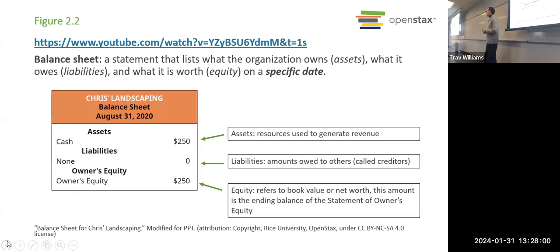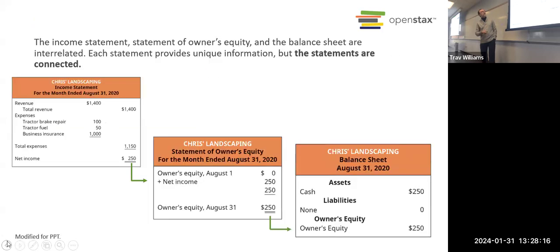Okay, any questions about that? So balance sheets follow the same basic format. This one is very simple, but they generally tend to be fairly simple. Even if they have more detail, they follow the same formula.